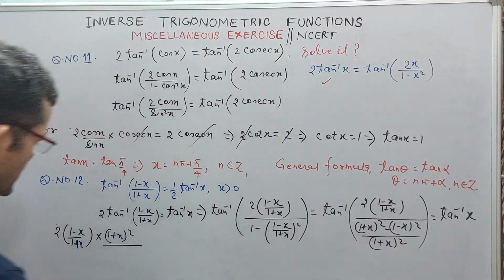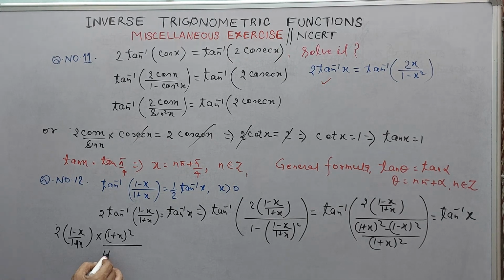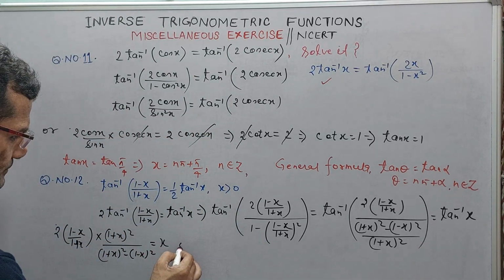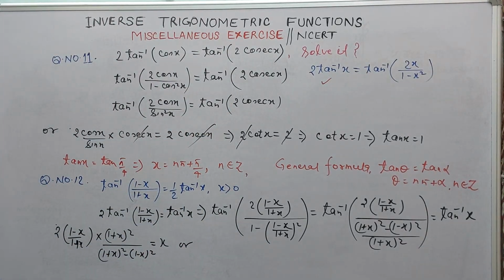If you simplify this, 1 plus x whole square minus 1 minus x whole square, is equal to x. So now this 1 plus x in the denominator, one term is cancelled out.